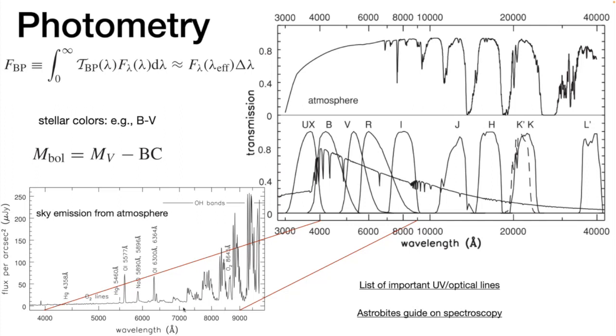In fact, it emits. If you look at the optical window here, and just look at sky emission, there are these lines. There are molecular oxygen bands, and neutral oxygen atom lines, and so on. If you're measuring spectra of a background source, they can get contaminated by this. So you don't want to observe.